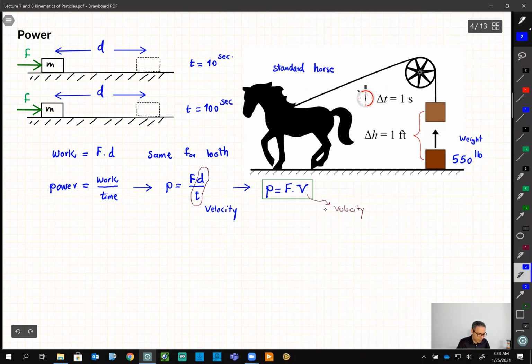So in terms of unit, work has the unit of Newton multiplied by displacement, right? Newton meter, which people call a joule.